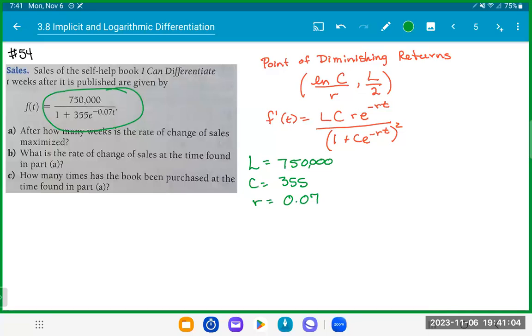Okay. So if we want to find the maximum rate of change, part A, then our x is equal to ln of C over r, which is ln of 355 divided by 0.07. And so that's approximately 83.89.